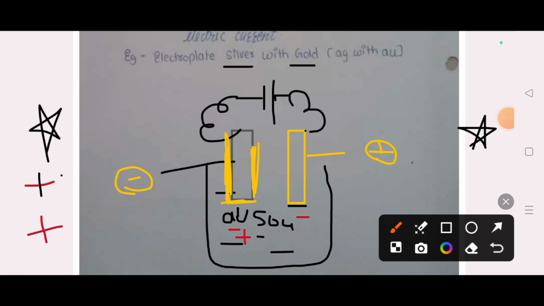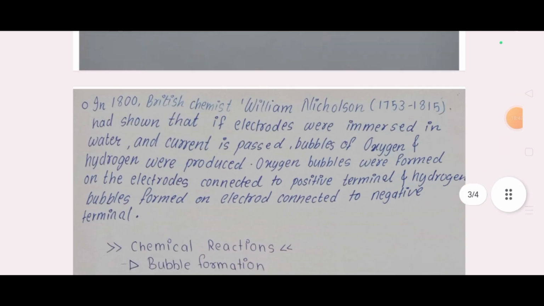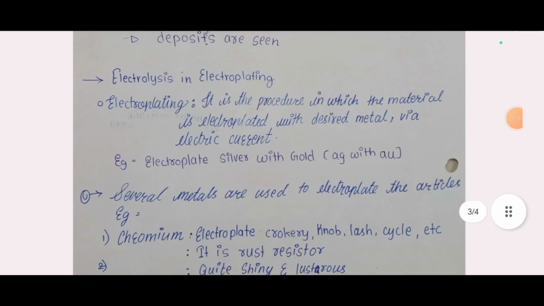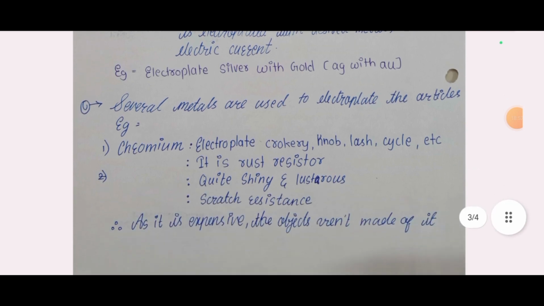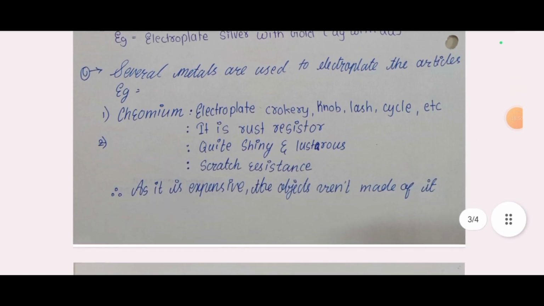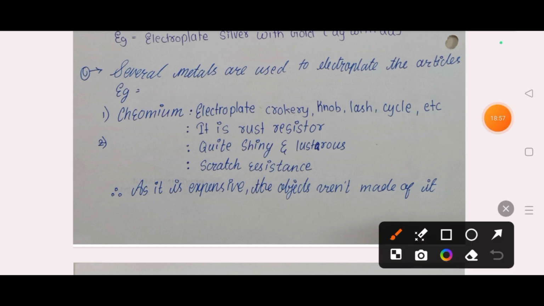You can search for some questions on Google, or take your own, like electroplating zinc on steel, anything that you want. Understood electroplating by the electrolysis process. Now it is not that we have to use only gold and silver. No, we can use several materials like chromium.